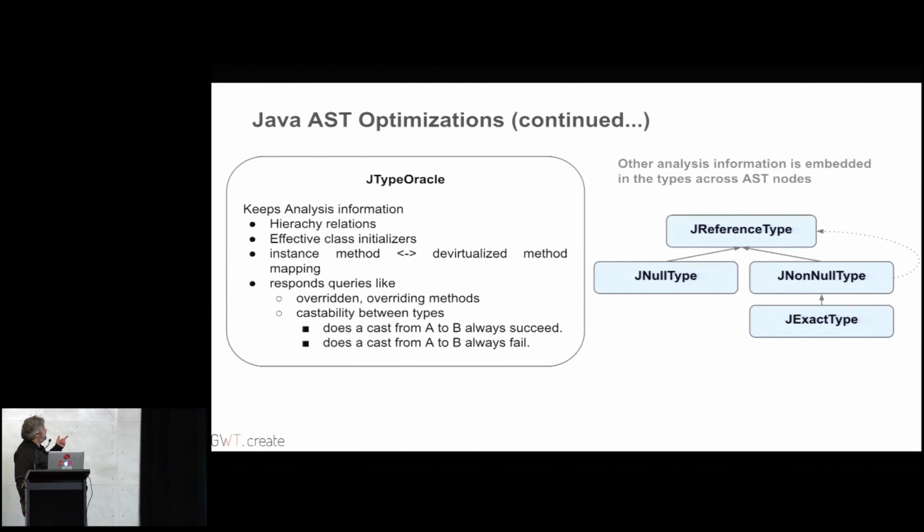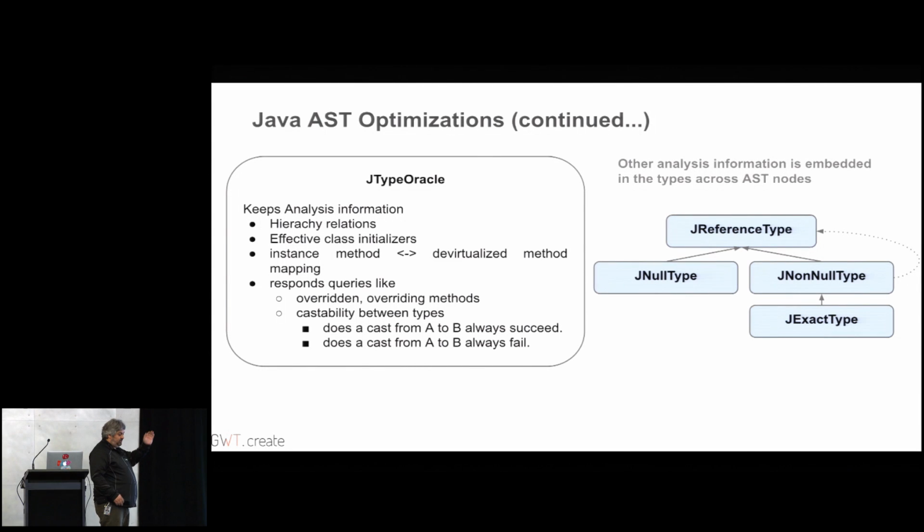During Java optimization, sometimes you need to query things about your program, and there is an object, the JTypeOracle, that resolves those queries. You can query, for example, what are all the subtypes of a class, what are all the interfaces, what are all the overriding methods of a method, what is the effective class initializer.